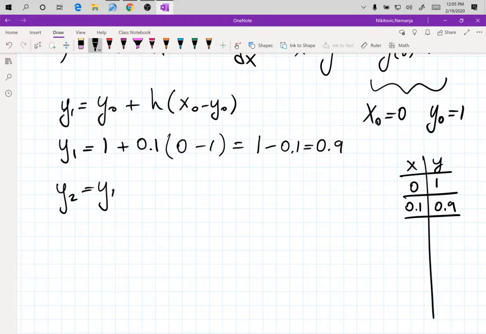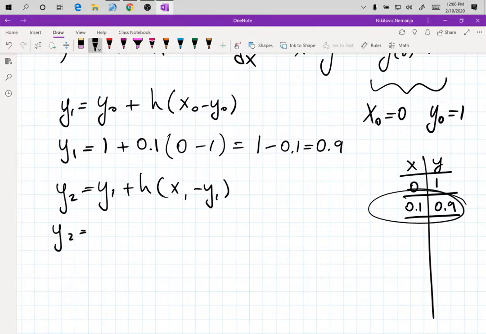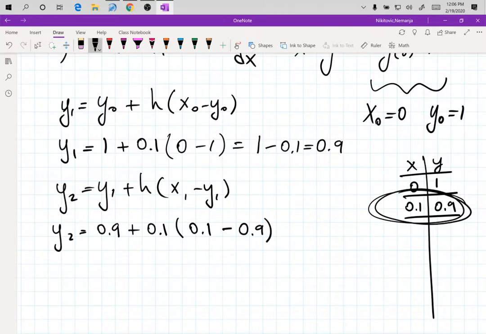y2 is y1 plus h times x1 minus y1. So y2 is, now, take your x1 and your y1 from the table. That's going to be y1 is 0.9 plus step size h is 0.1 times your x1, which is 0.1 because it was x0 plus the step size h, so 0 plus 0.1, 0.1, minus y1, 0.9.